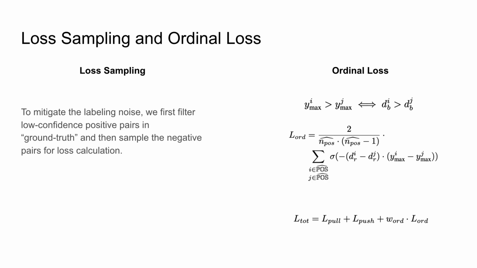We also designed two mechanisms to enhance performance. First is the loss sampling. To mitigate the labeling noise, we first filter low confidence positive pairs in the ground truth and sample the negative pairs for loss calculation. Second is the ordinal loss.